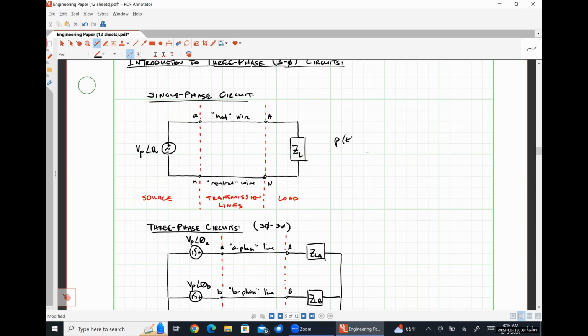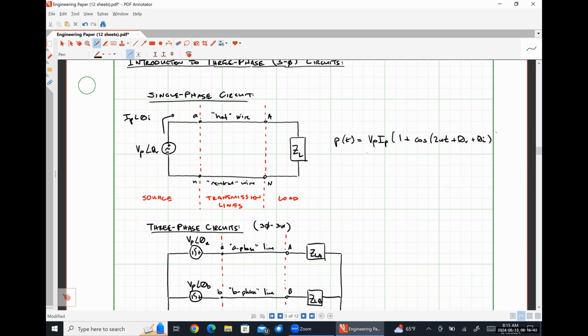The instantaneous power is VP IP times 1 plus cosine of twice omega t plus theta v plus theta I, where this current IP angle theta I is the current that's flowing out of the positive polarity terminal.